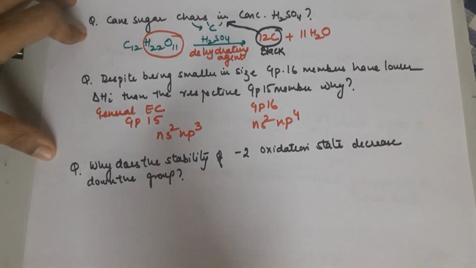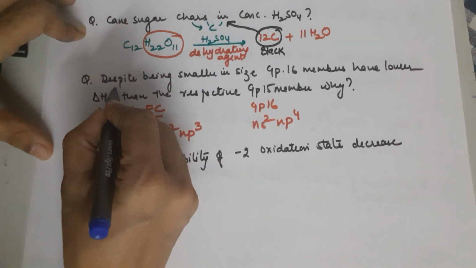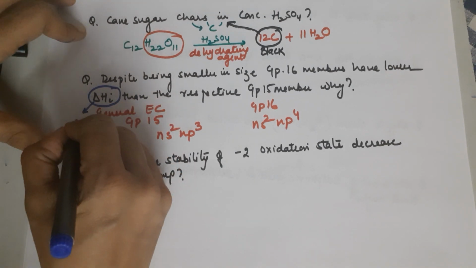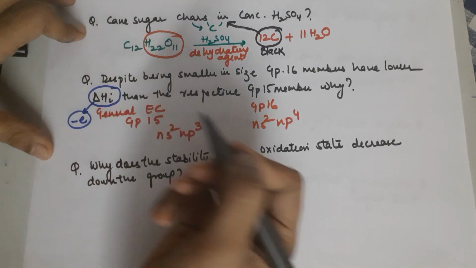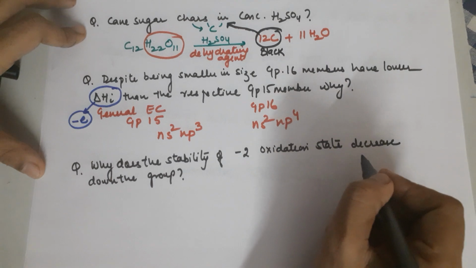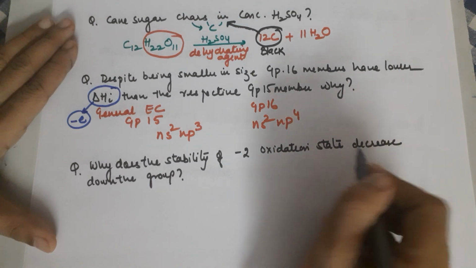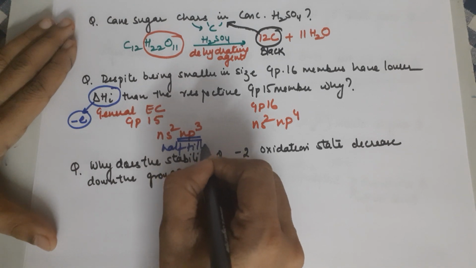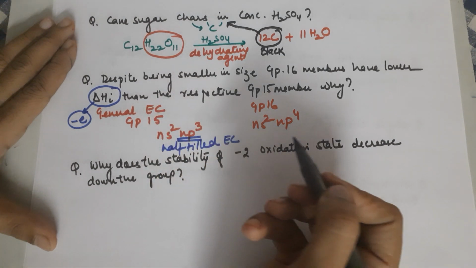Now as you can clearly see, if you have to talk about ionization energy, which means energy is required to remove the electron, you very well know this is half filled, and half filled electronic configuration is stable.